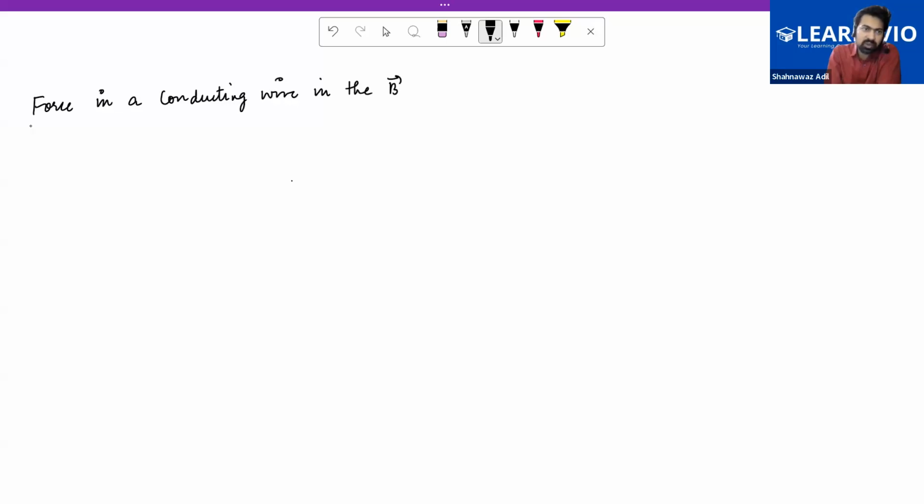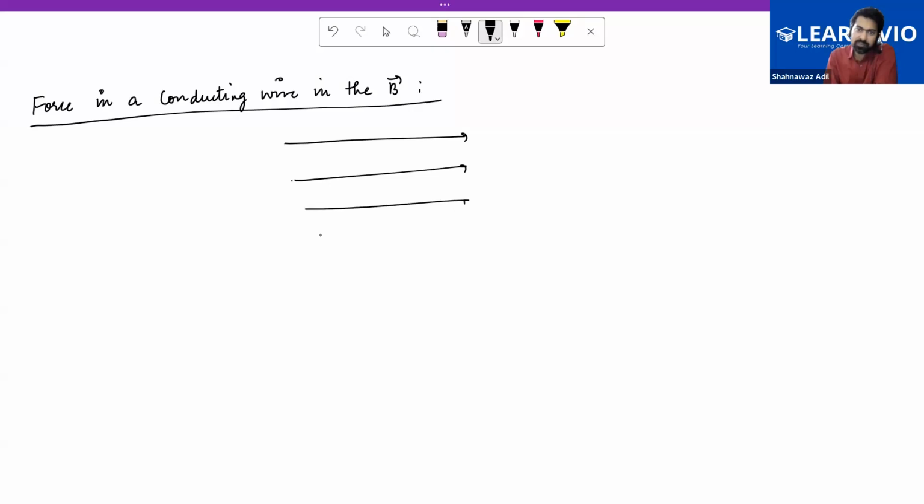So obviously we are talking about magnetic force. Let's say we have some magnetic field, and then we have this current carrying wire. Current is flowing this way, and this is the magnetic field.